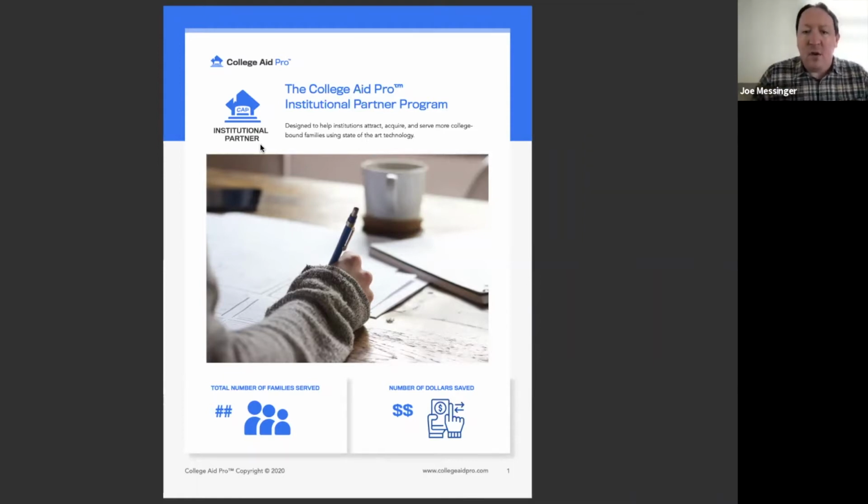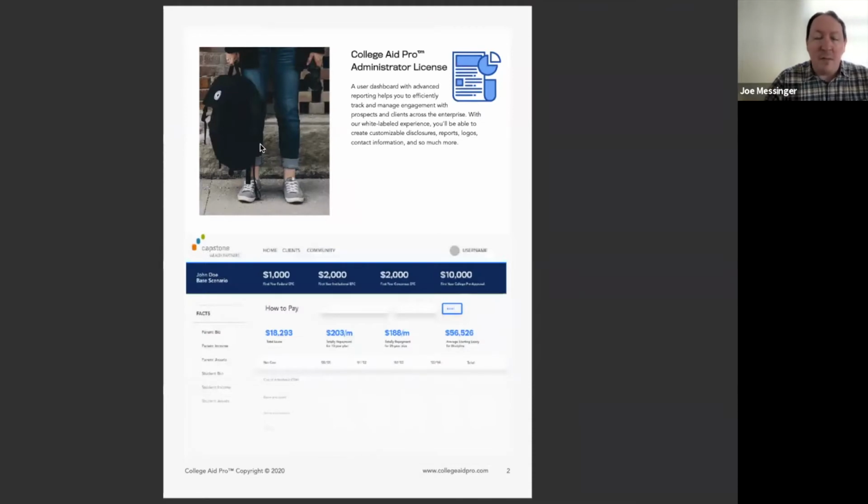We've created an administrative license that allows you to manage an entire footprint from 2 advisors to 2,000 advisors. It gives you insights and data on the number of leads that come in through the College Money Report, and lets you distribute and share licenses and cases with each other. We'll show you in real time how that works.